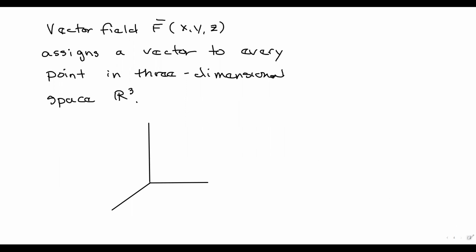All right, so the next thing we're going to look at are something called gradient fields. So if a vector field is the result of taking the gradient of a function, then we say that the vector field is a gradient field.